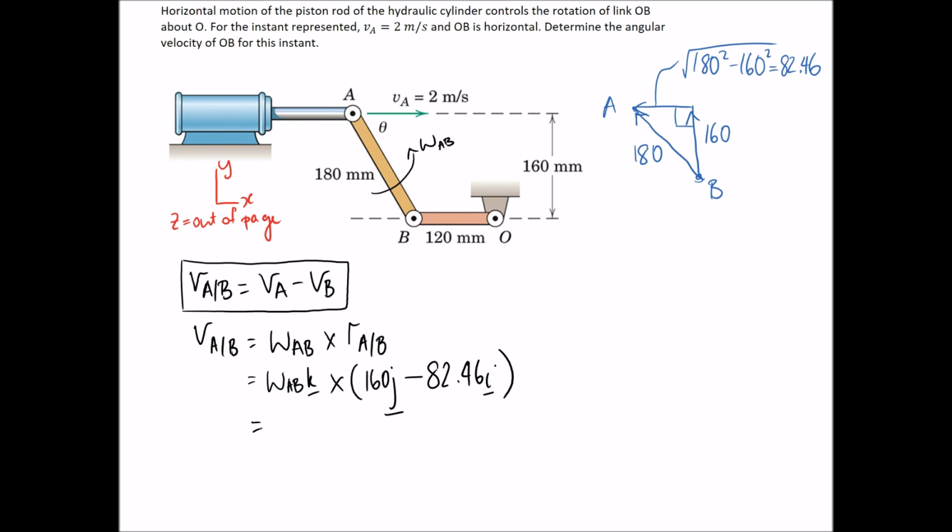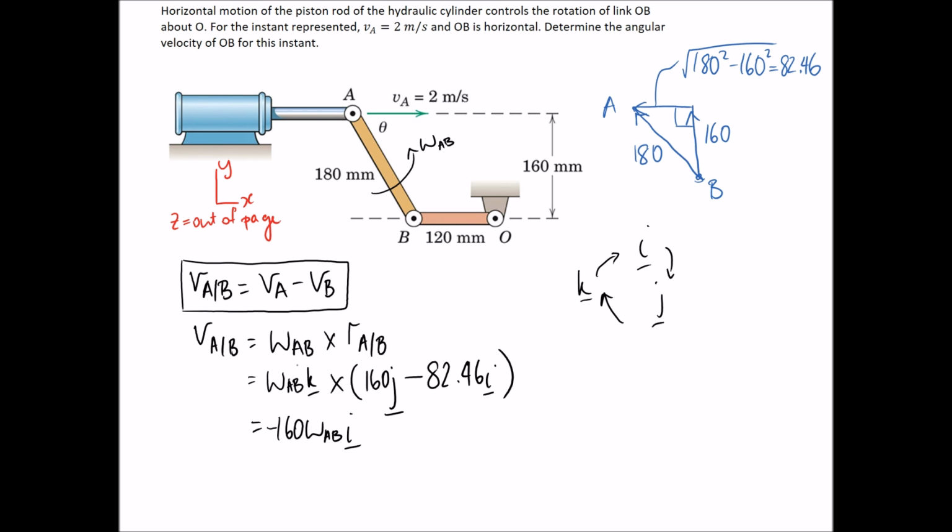So now we just need to simplify this out. So it's going to be 160 times omega. And remember your diagram to help you out with positives and negatives when you're multiplying unit vectors. In the direction of the arrow is positive, in the opposite direction is negative. So k times a j is in the opposite direction of the arrow, so it's going to be a negative, and it's an i.